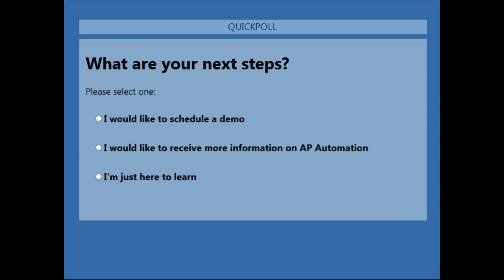Perfect. Another question we had, Marc, was how long does implementation typically take? Yeah, so we do have a 45-day implementation guarantee, meaning we try to get you up and running within 45 days. I would say the majority of our small to mid-sized organizations, those are probably processing under 500 invoices and payments a month. We can usually have you up and running under 45 days.